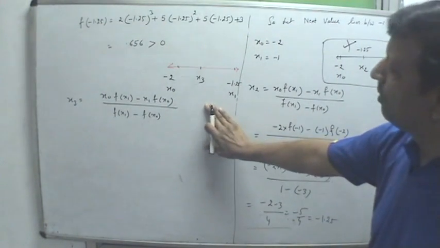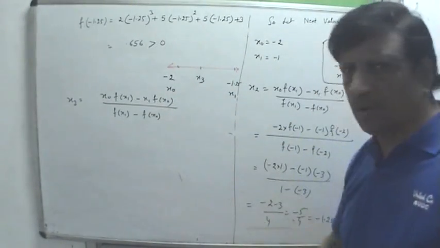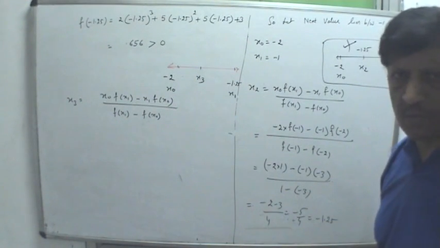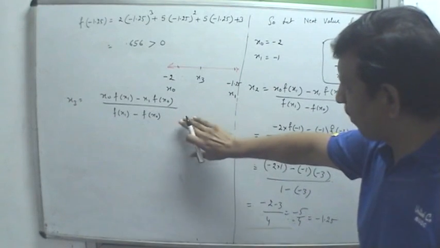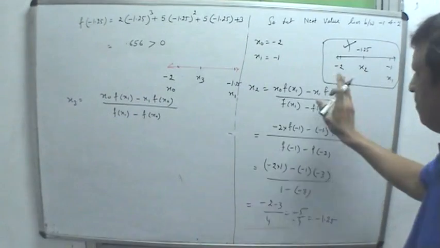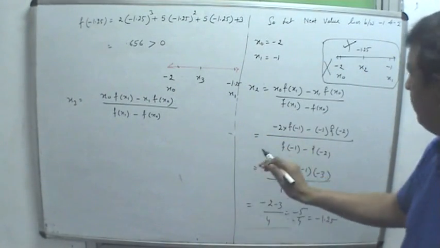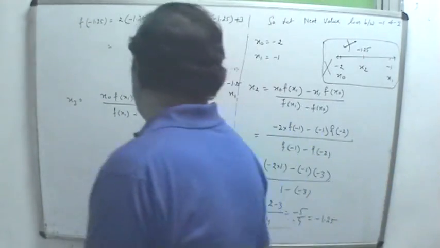If we keep the number line same, then we will have to change the formula every time. That may be the difference between the different books. But here what we are following, we are keeping the formula same and we are changing the number line. Now we forget about this. Again, it is a new x0 and new x1.